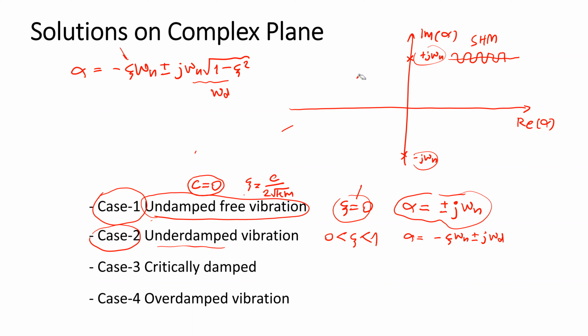So when we plot the root of the second type on the S-plane, we're going to see minus psi omega n and the complex conjugate.